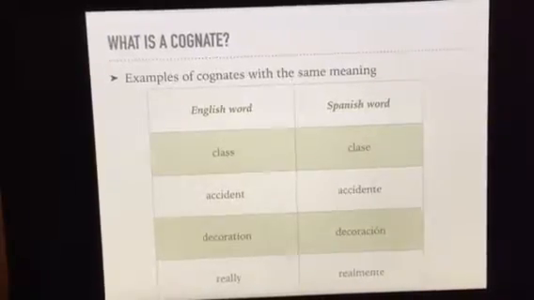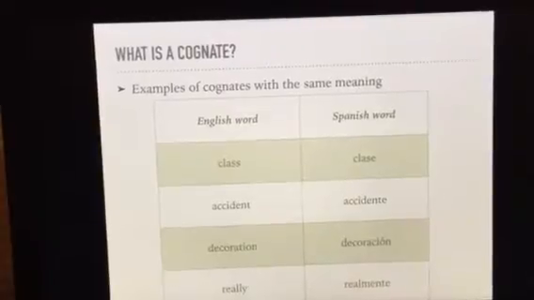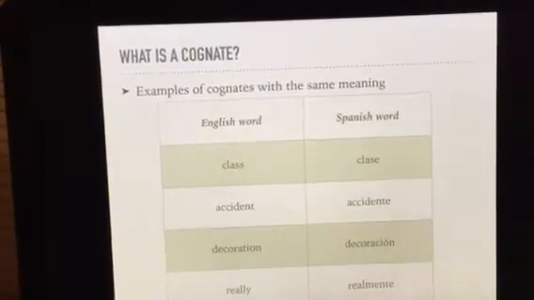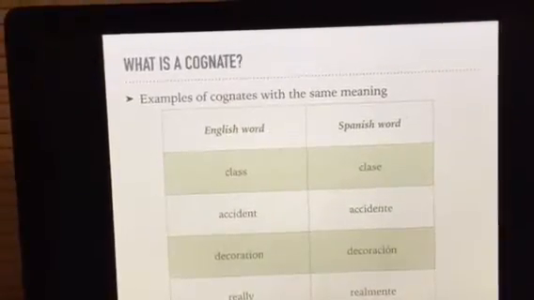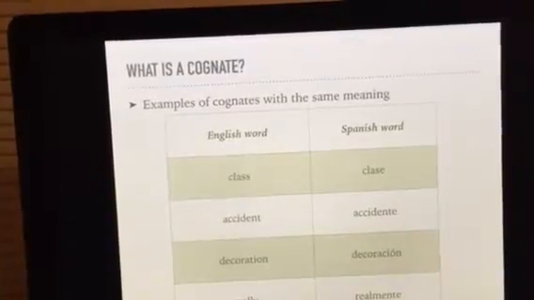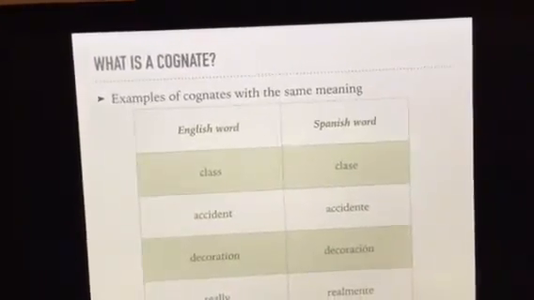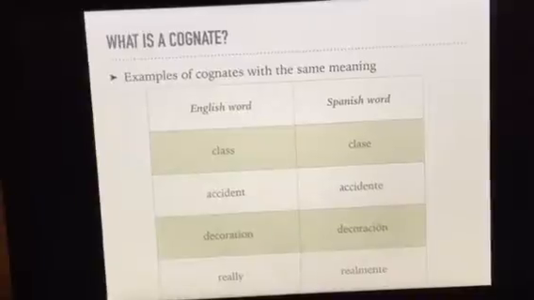Once again, 30 to 40% of all words in English have a Spanish cognate. Moreover, they have a great crossover in technical and academic language.